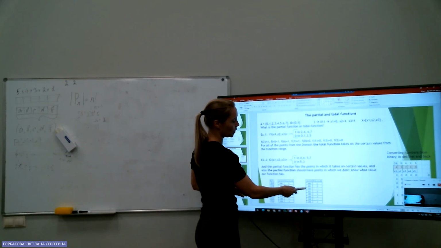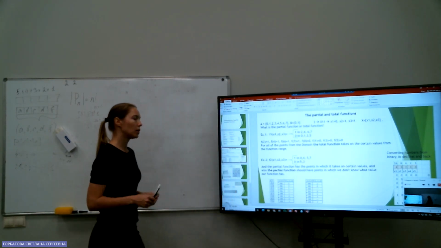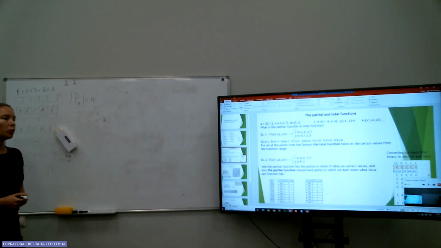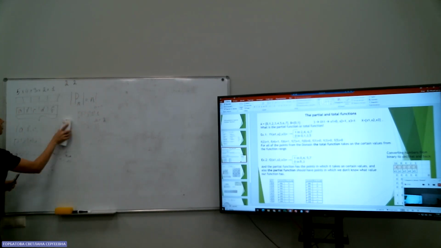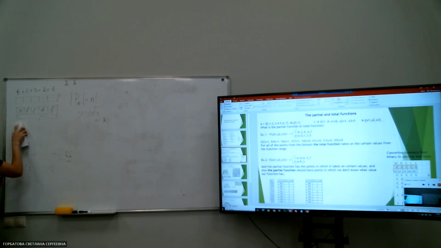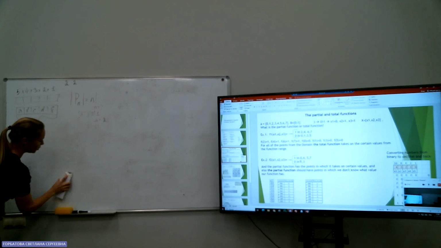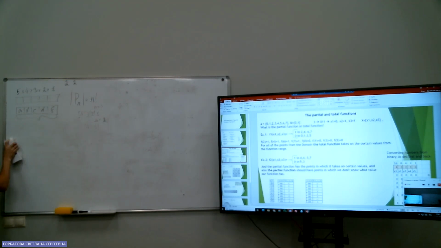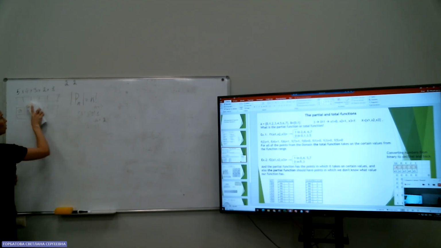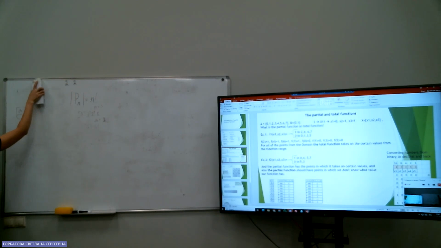For input 010, we also don't know the result of the function. If we have just 1 point where we don't know the result of the function, it will be a partial Boolean function.